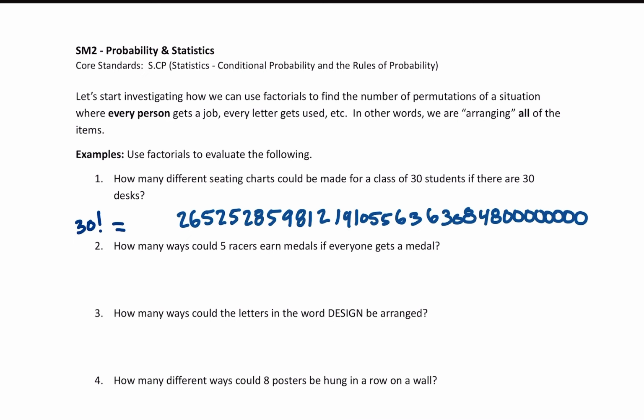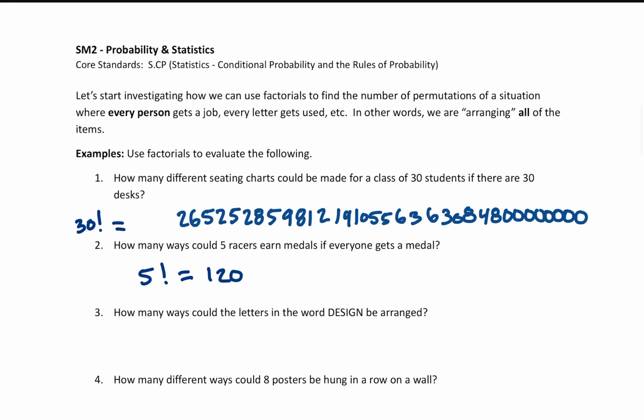So looking at number 2, how many ways could 5 racers earn medals if everyone gets a medal? Well, we've got 5 racers and everyone's getting a medal, so we can do 5 factorial. And if we do 5 factorial in our calculator, we get 120 as our answer. Pretty simple, right?